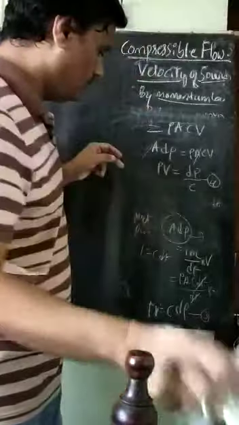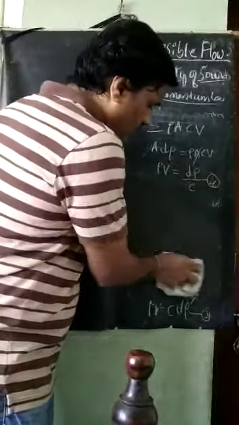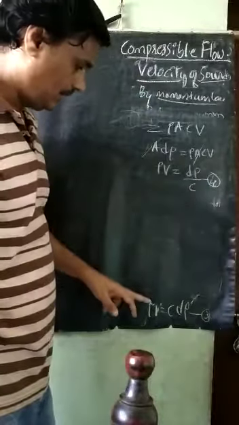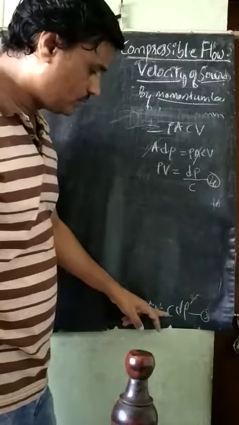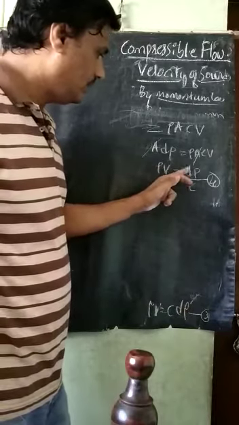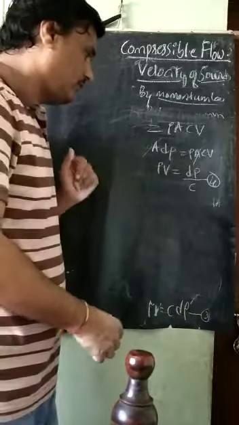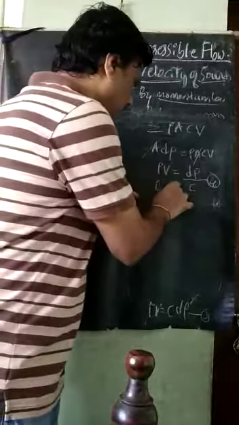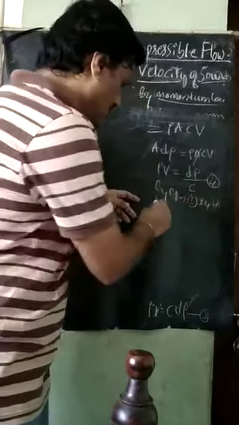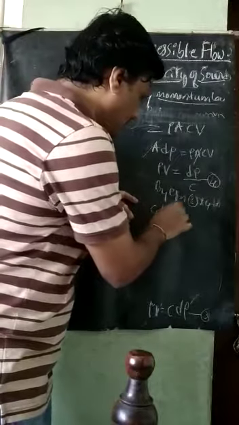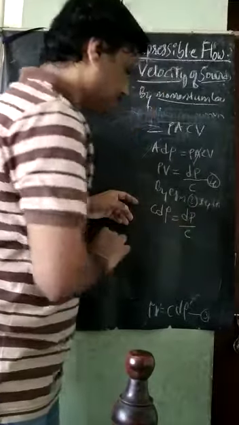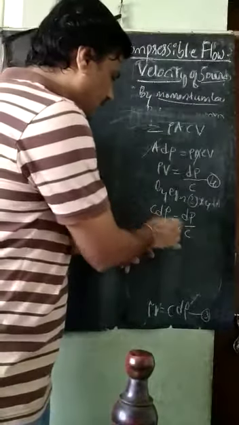So now you see equation number 3 and 4. Here rho V is equal to C into d rho. Here rho V is equal to dP divided by C. So by equation 3 and 4, C into d rho is equal to dP divided by C. I will take the C to this side.